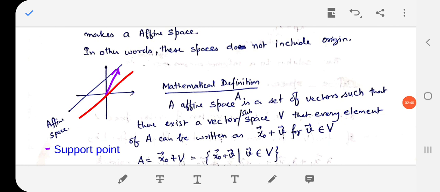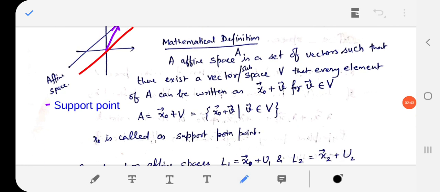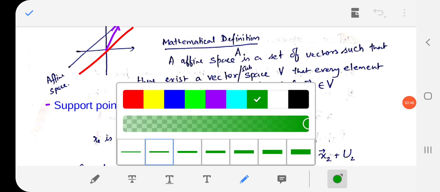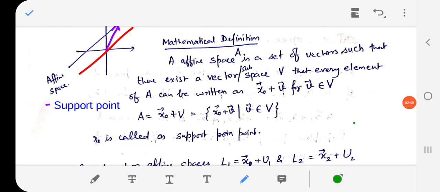Mathematically we say that the affine space A is a set of vectors such that there exists a vector in subspace V. Because we are talking about a subspace V and we are looking for an x naught vector which is in the original vector space.